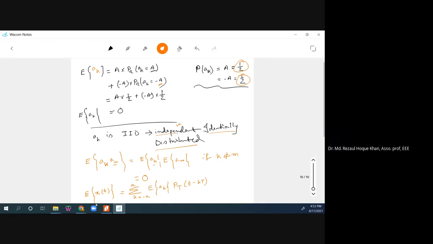Since this value, as we just saw, equals 0, the expected value of x(t) will be 0.